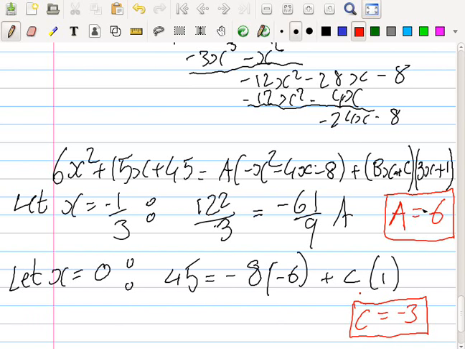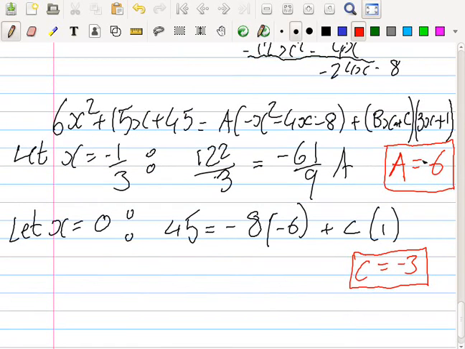What could I do now to get my final value, which is b? What could I choose for x now? There's no nice values left, so I can't choose anything that cancels. So what would we choose for x? I think 1 would just be the easiest thing now. Let x equal 1. So you get 45, 50, 66.